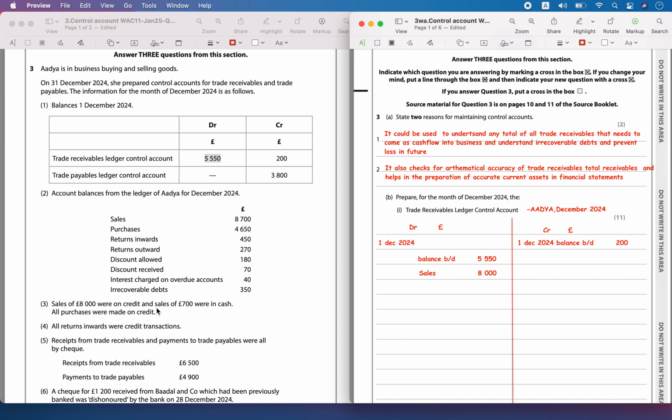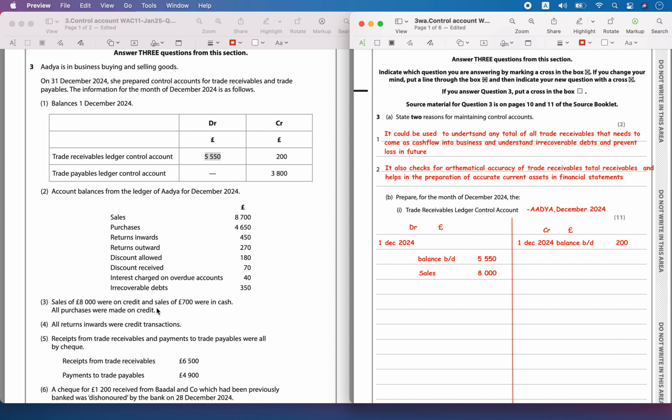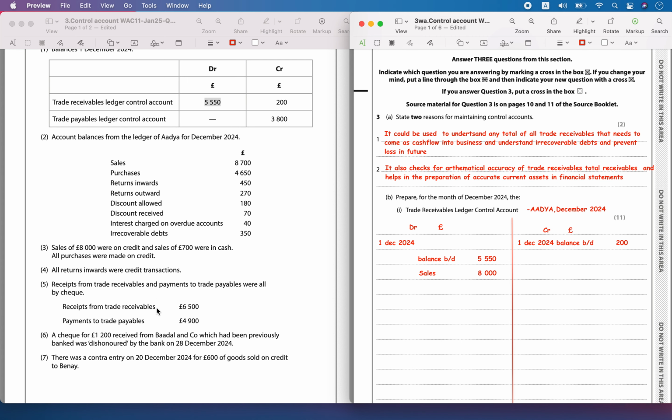Let's see how much she has received towards this. Is there any sales return that has happened? Let's check. All the returns inwards were credit transactions. Receipts from the trade receivables and payments to trade payables were all by check.